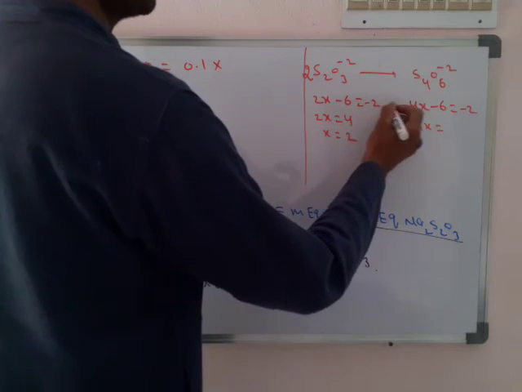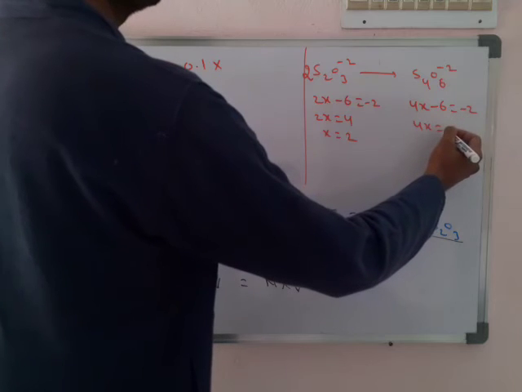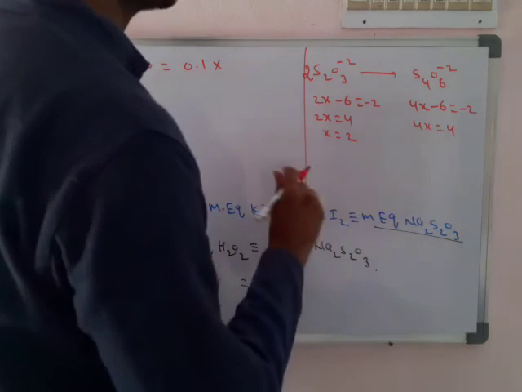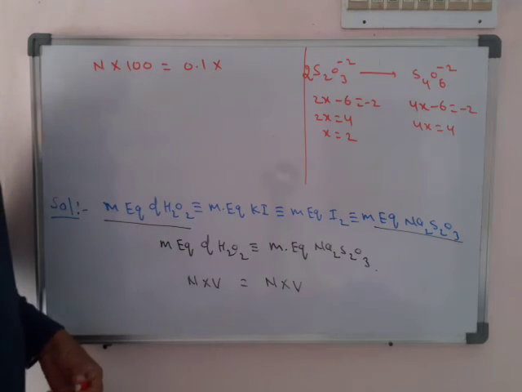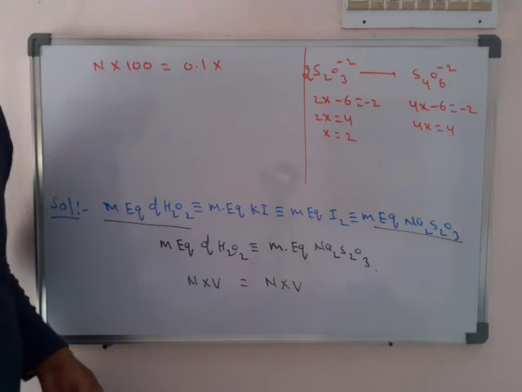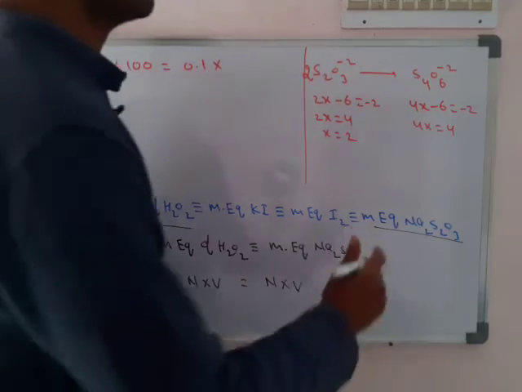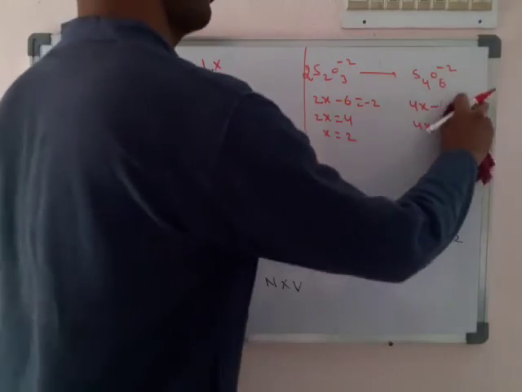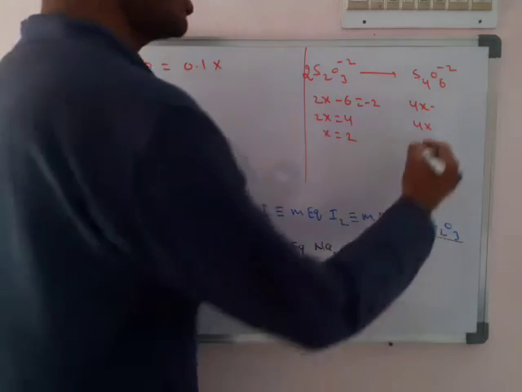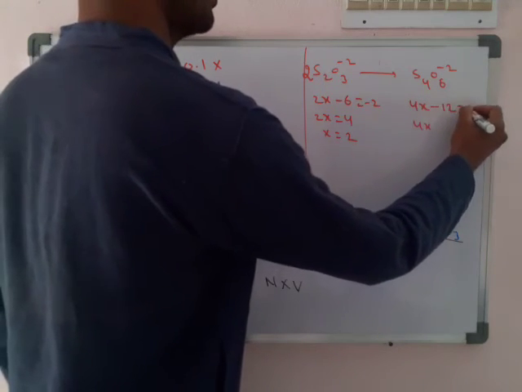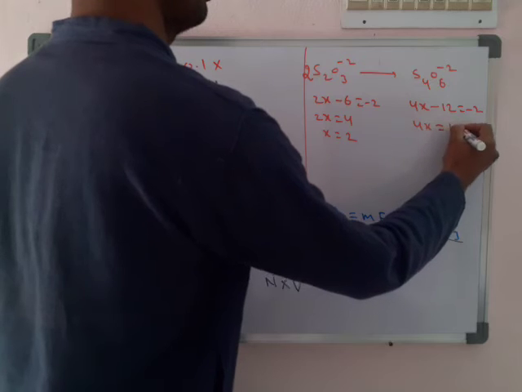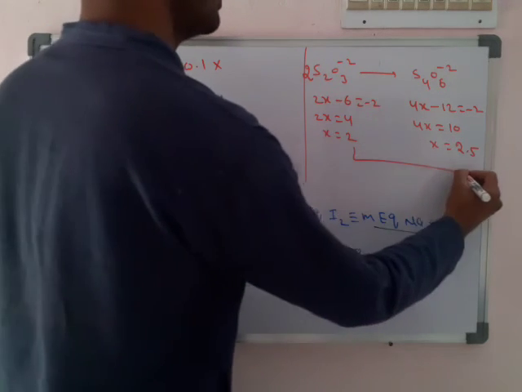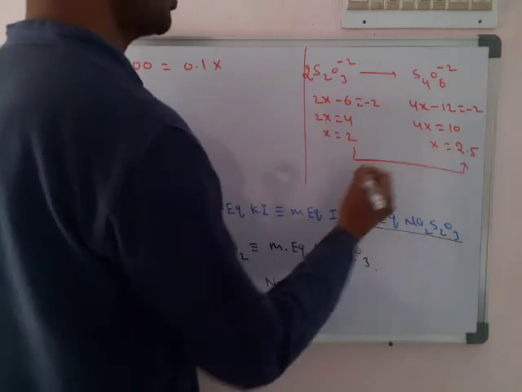So 4x minus 12 equals minus 2, x equals 2.5. Means one sulfur changed from plus 2 to plus 2.5.